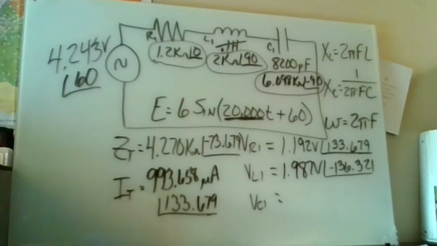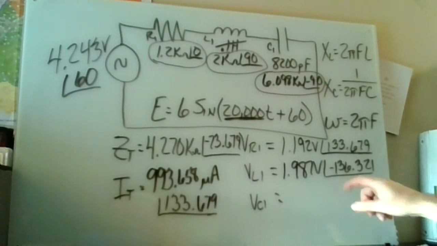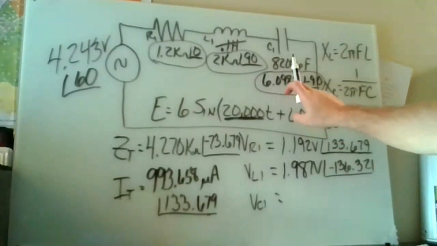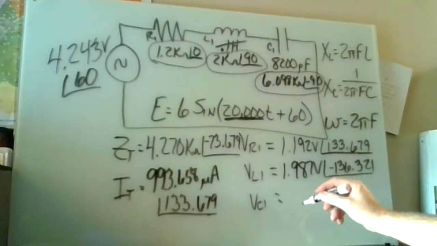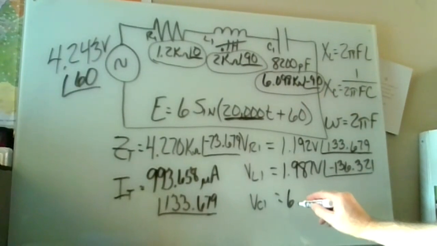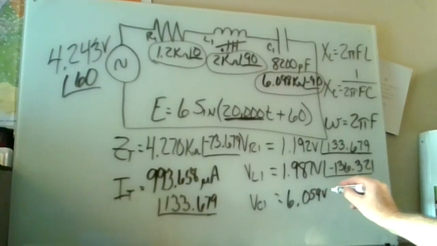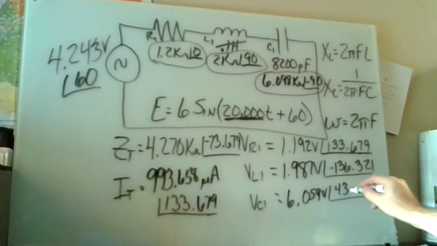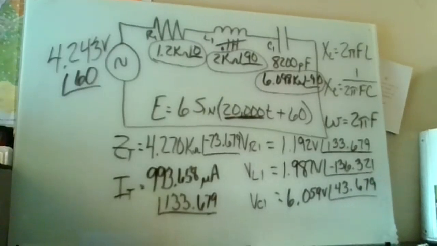1.987 with an angle of negative 136.321. Outstanding. And then remember for VC1, you got to use the 6.098K at an angle of negative 90. So for this one, I got 6.059 volts at an angle of 43.679.